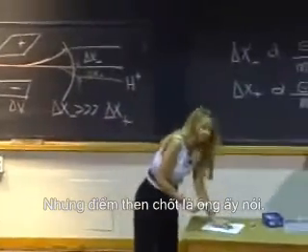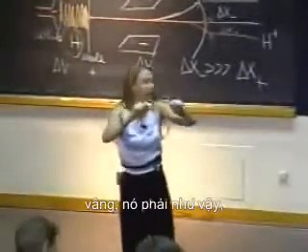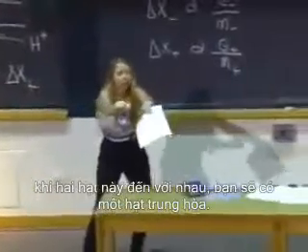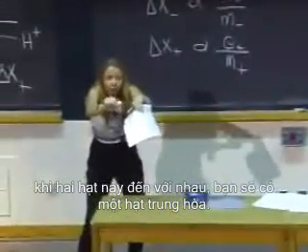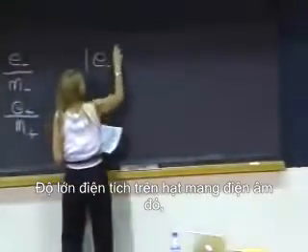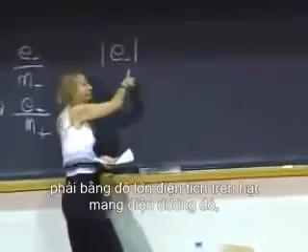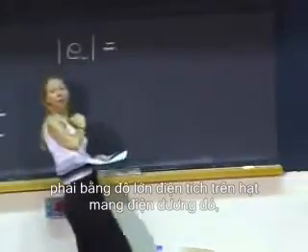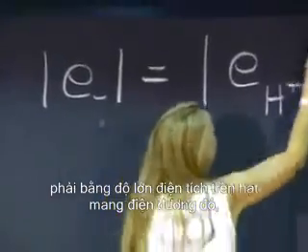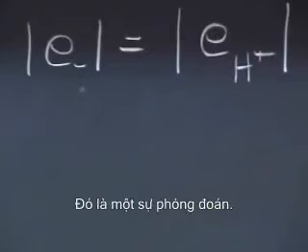But the key point is that he said, well, if when these two particles come together you're going to have a neutral particle, it must be that the absolute magnitude of the charge on that negatively charged particle, the electron, has to equal the magnitude of the charge on that positively charged particle, this hydrogen plus ion. All right, that was the conjecture.